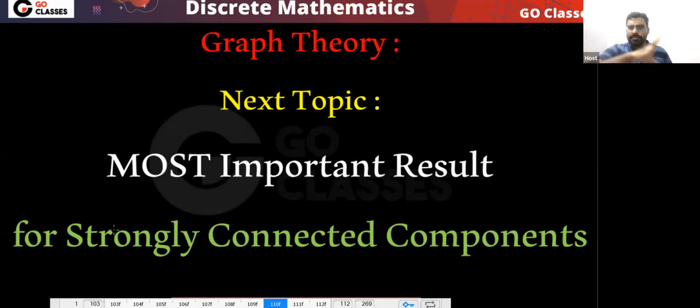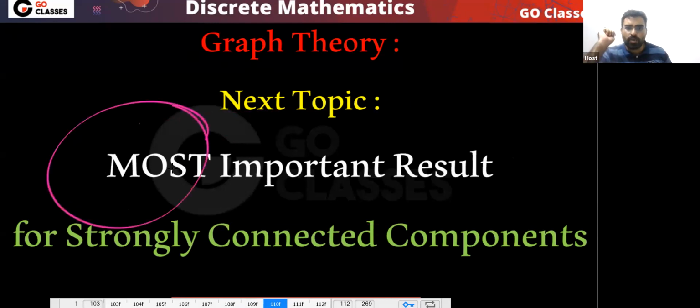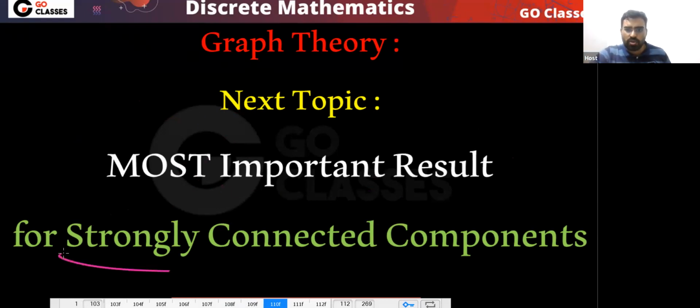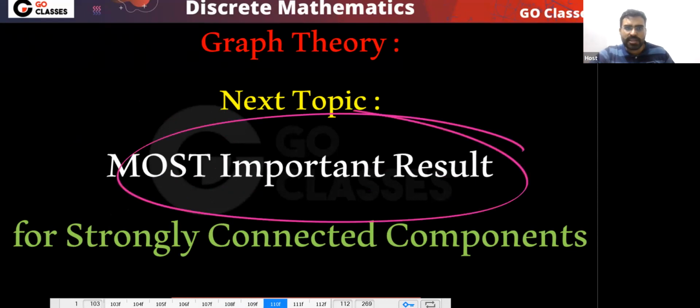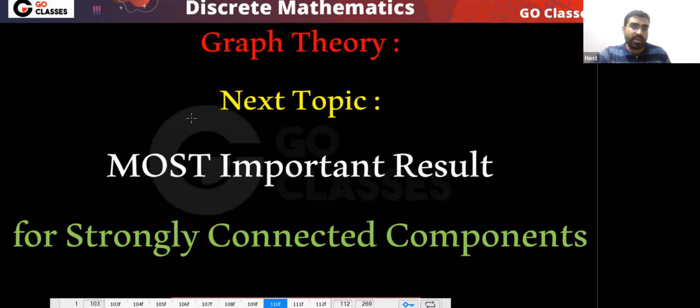Now, the very important result. So this was an easy concept. Now, the most important result. Why is this the most important result for strongly connected components? The reason is that from this result, questions have come in almost all the good exams, meaning foreign university exams.